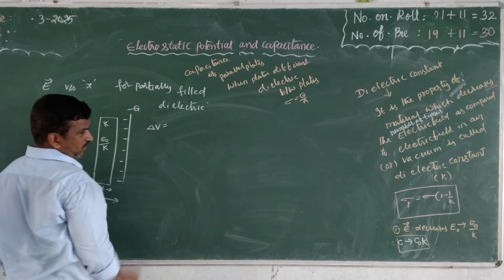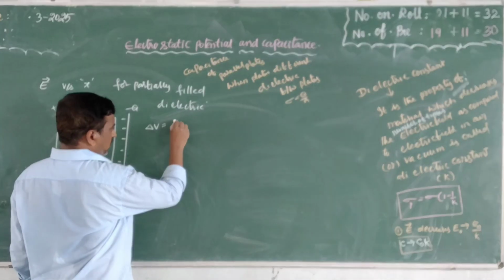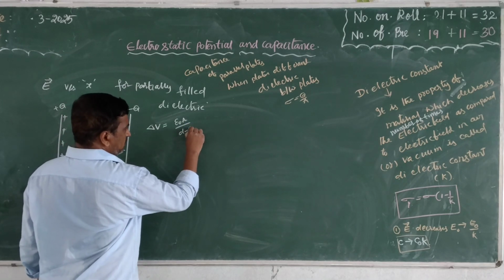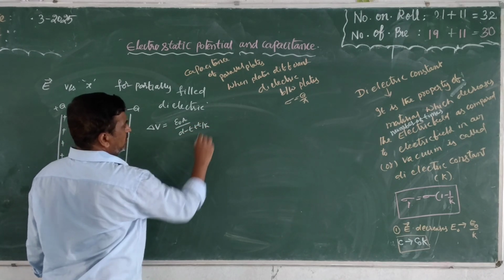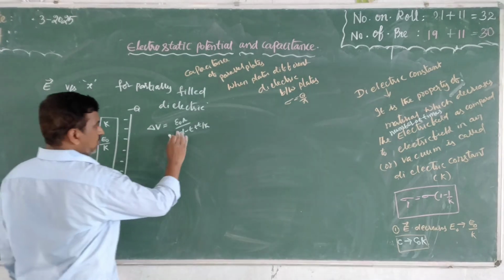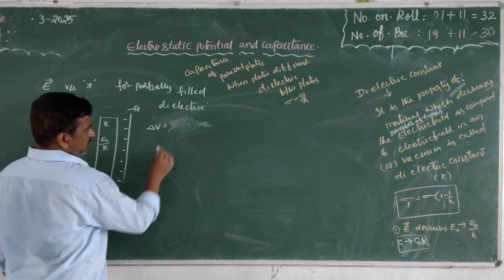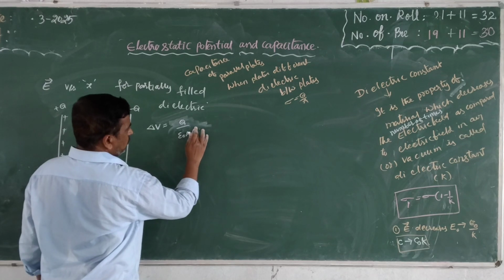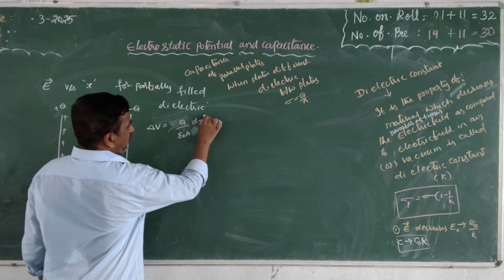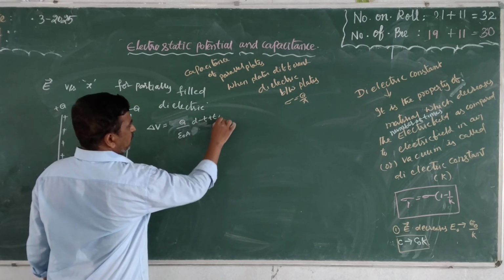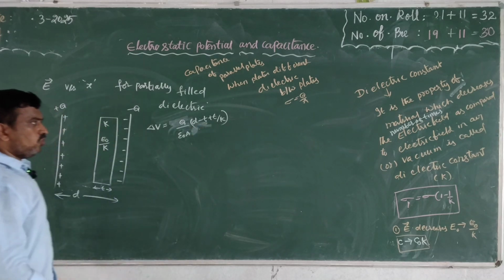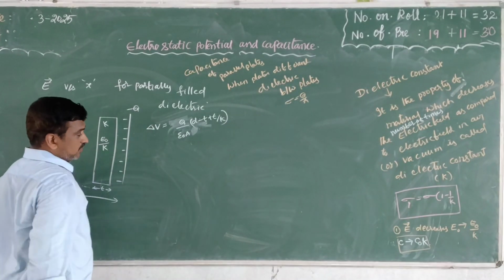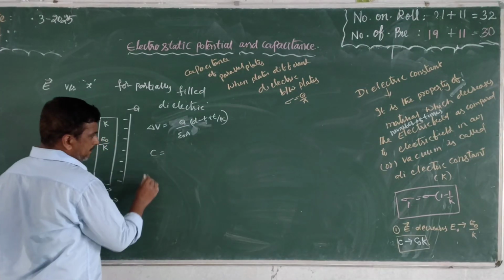Change in potential is Q by epsilon naught A into D minus T plus T by K. Q into D minus T plus T by K, by epsilon naught A, is the change in potential. What is the capacitance now?